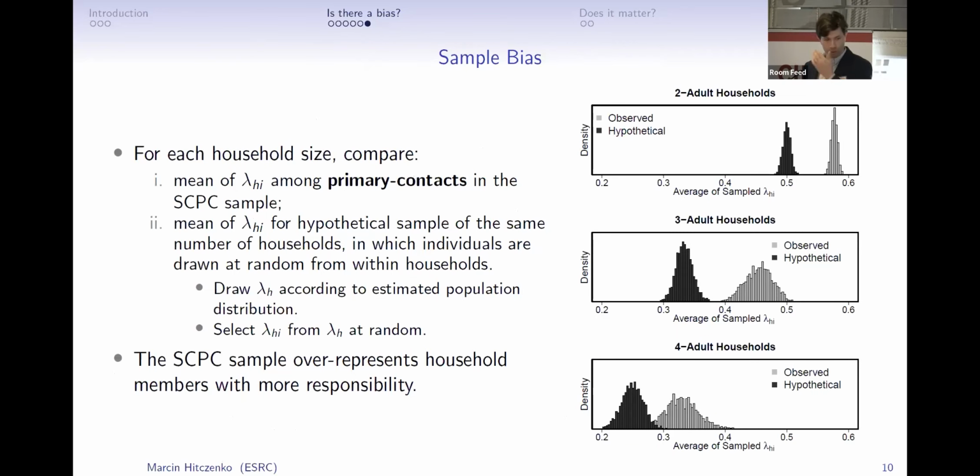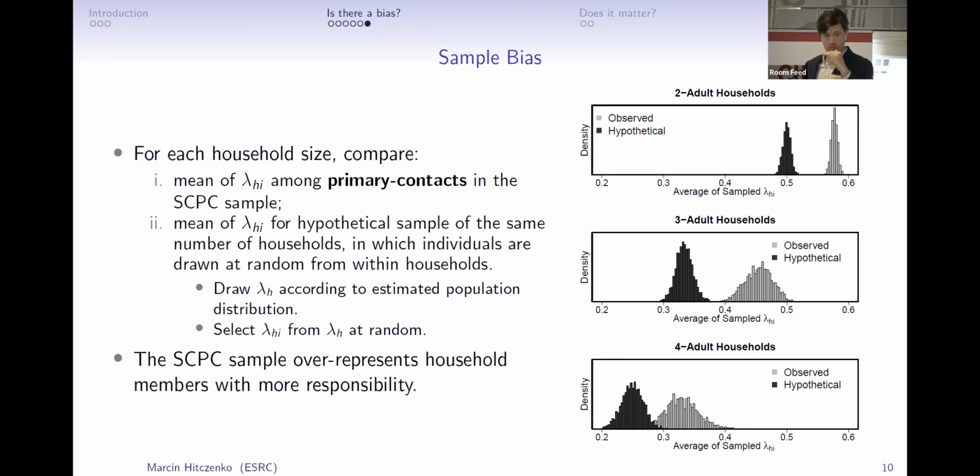Okay, so now what we can do with this information is compare what we think the mean lambda in our sample is, among the primary contacts, with what the average lambda would look like for a sample of similar size, but now a hypothetical sample where the individuals within households are drawn at random, so there's basically no bias.